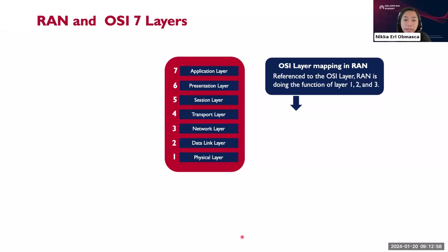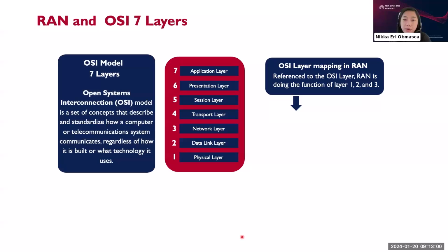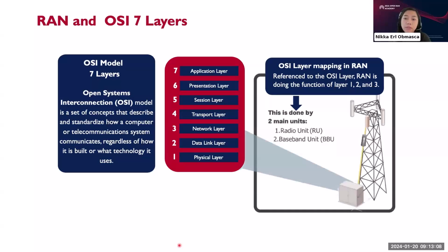So here we have the OSI model. It has 7 layers. Each layer represents a different aspect of communication between devices on a network. These layers are physical layer, data link layer, network layer, transport layer, session layer, presentation layer, and application layer.